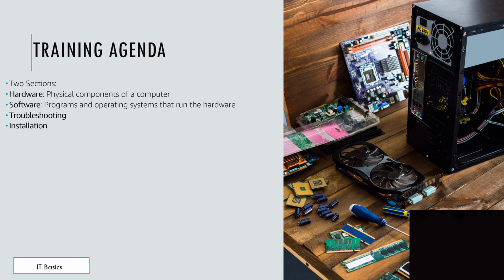Then we'll also cover some of the software, the operating systems that run the hardware. I will also cover some basic troubleshooting and installation, like how to install Windows, which is the easier one. Also, I'll cover some topics about Linux.